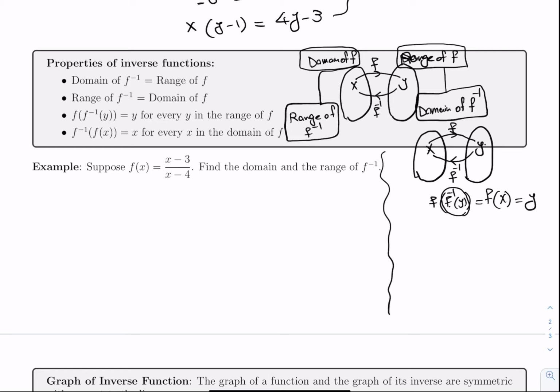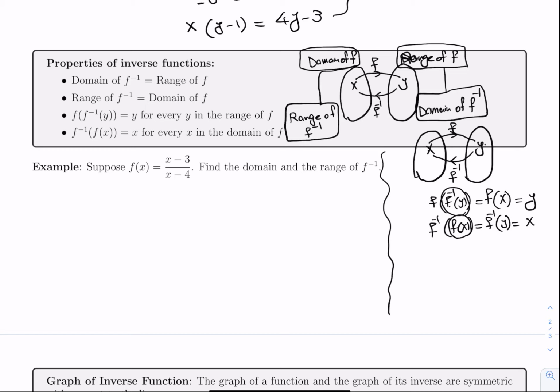In a different order, f inverse of f of x. You start with f of x, and f of x equals y, so I will replace f of x with y. Next I'm looking at f inverse of y, and f inverse of y equals x.